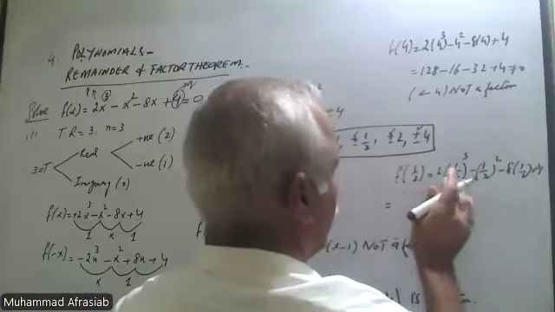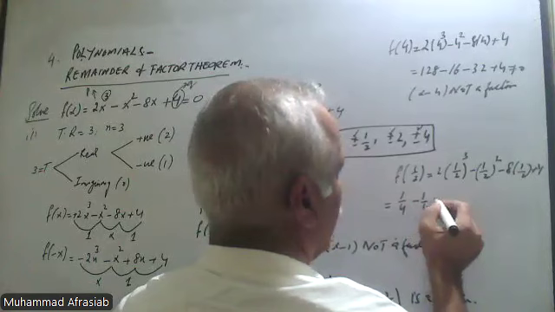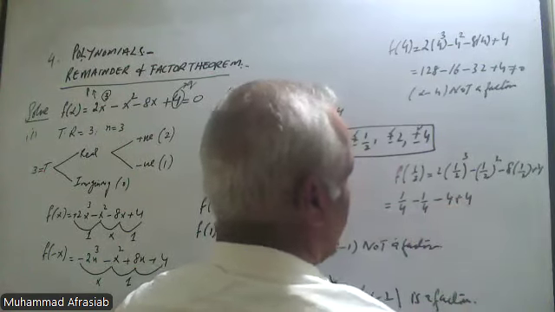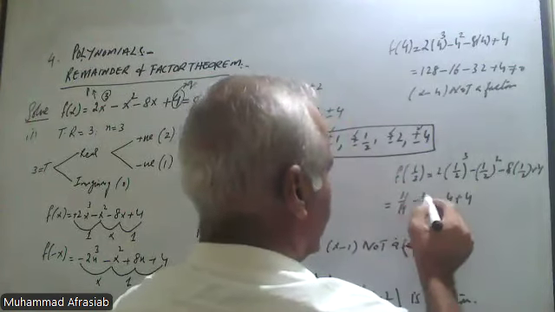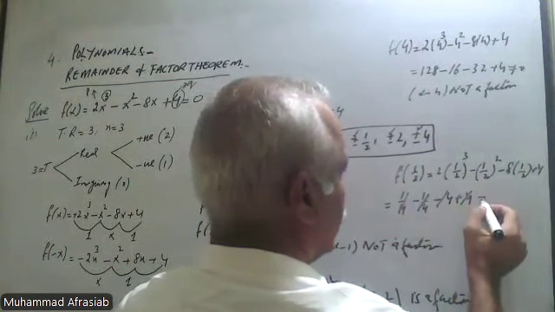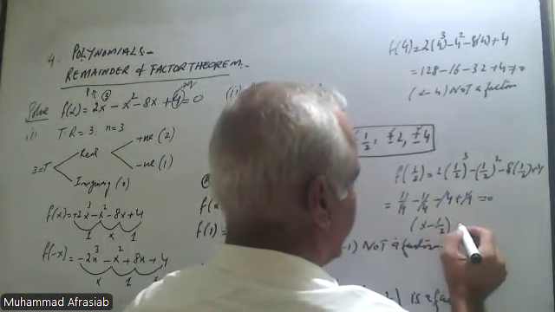This will be equal to 2 by 8, that is 1 by 4, minus 1 by 4, minus 4, and plus 4. So this and this cancel out. This minus 4 and 4 cancel out. So it is equal to 0. So x minus half is a factor.